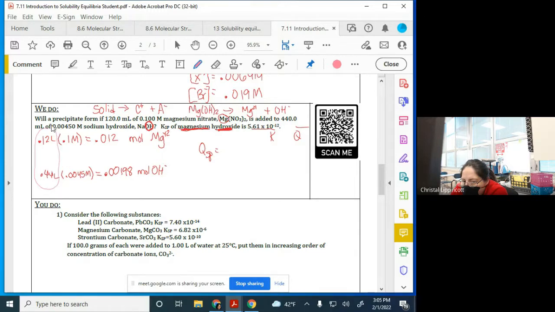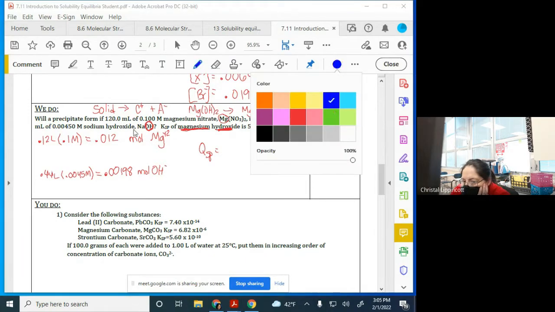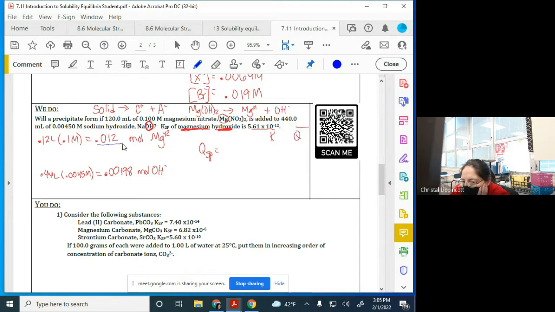Is it the same concentration anymore? No. We've changed our volume here, so therefore our concentration of those things has changed, hasn't it? So now I need to go back here and divide by my new volume.